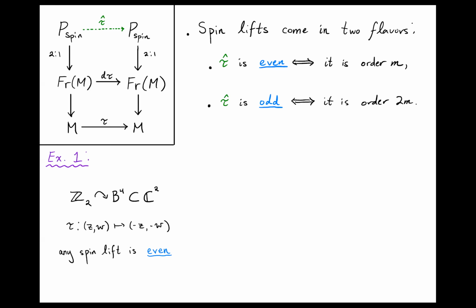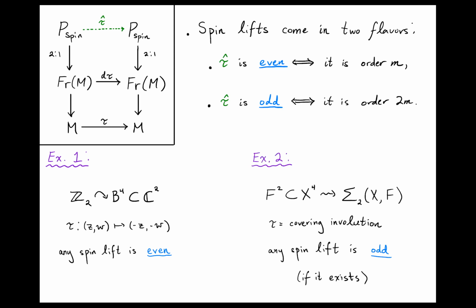For a second example, let F be some surface inside of some 4-manifold, and consider the double branched cover of X over our surface F. Let tau be the covering involution. If a spin lift exists, then any spin lift of this action has to be odd. This follows from a deep theorem called the Atiyah-Bott lemma for spin actions.